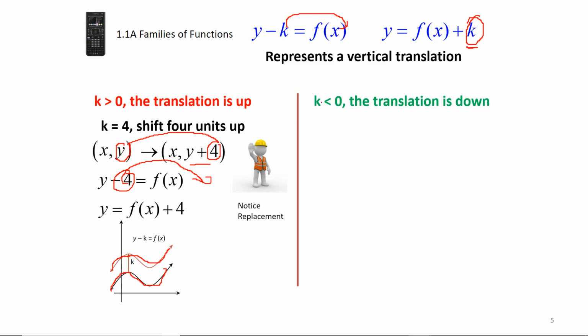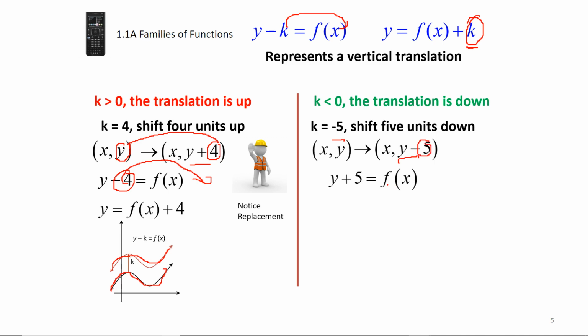Now if k is less than 0, the translation is down. Let's say k is minus 5. It is a negative value, so we shift 5 units down. So (x, y) will become (x, y minus 5). What will the equation be? y plus 5 equal to f(x); take 5 to the other side, y will be equal to f(x) minus 5.